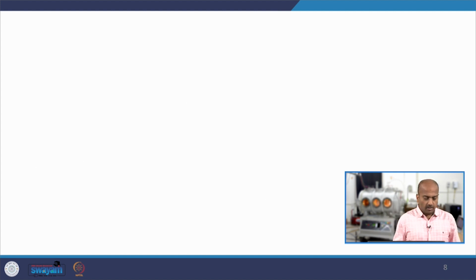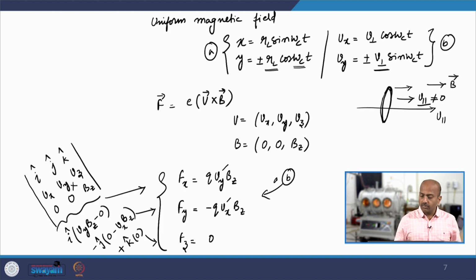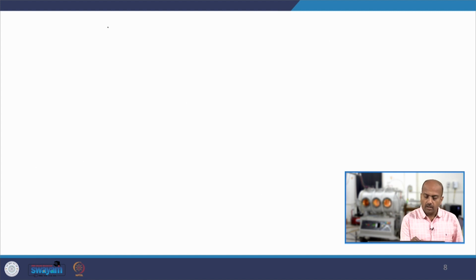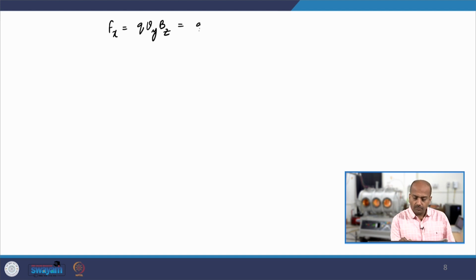and we will rewrite, as a matter of fact, when we write A and B into this, we can rewrite it as Fx is equals to q Vy Bz, which is equals to q V perpendicular sine omega c t.